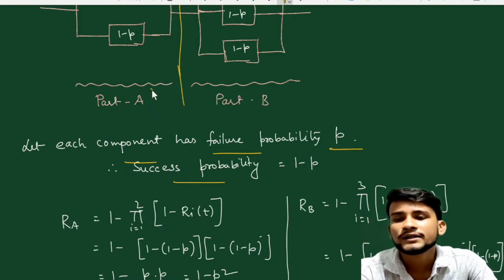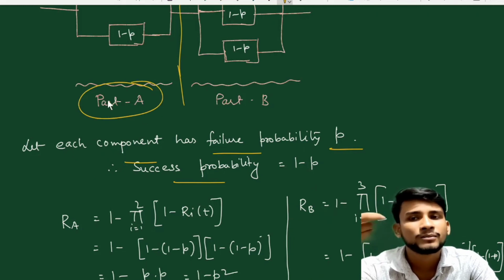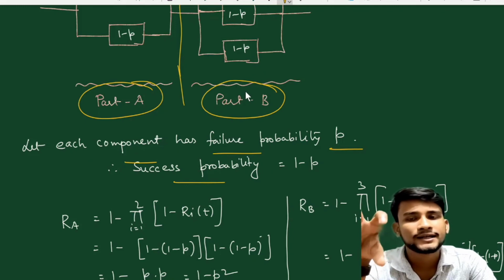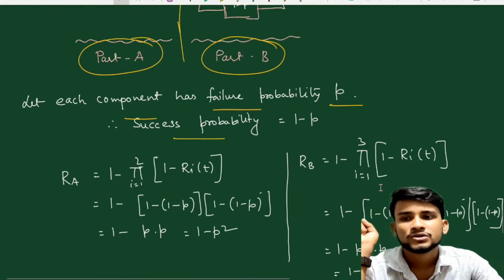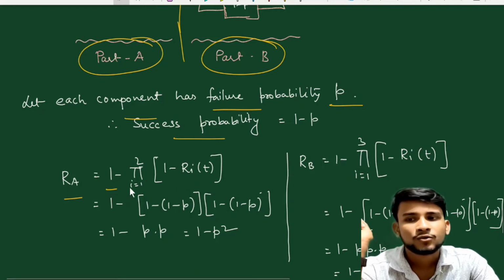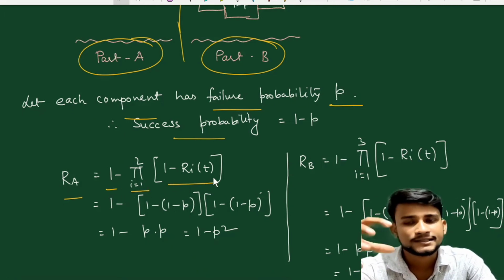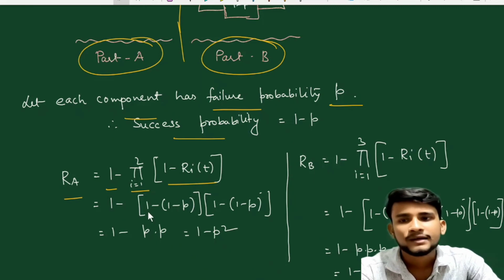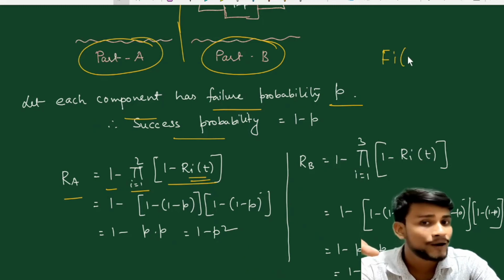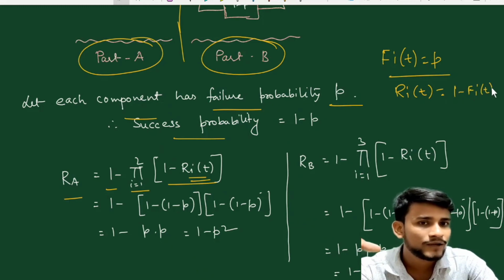Now we calculate the reliability of part A and the reliability of part B, then we calculate the reliability of the total system. The reliability of part A is given by the parallel formula: 1 minus the product of (1 minus Ri(t)). Here the failure probability Fi(t) is equal to p, therefore Ri(t) equals 1 minus Fi(t), which is 1 minus p.